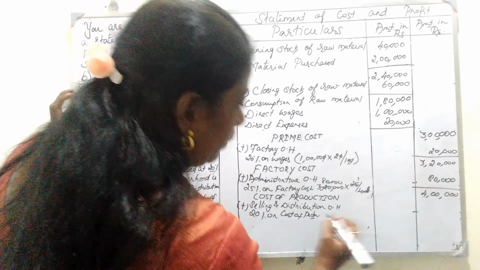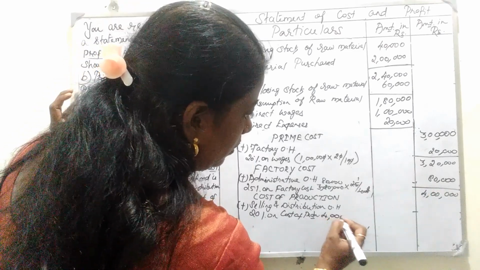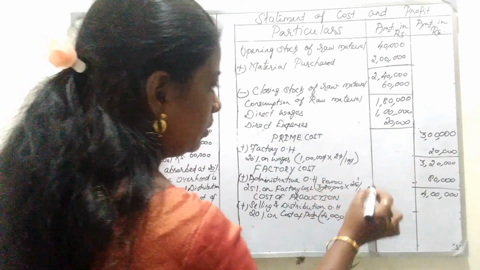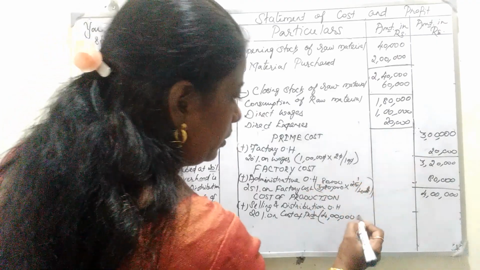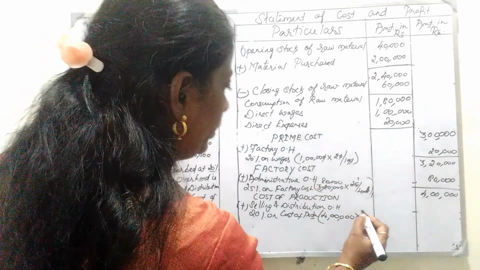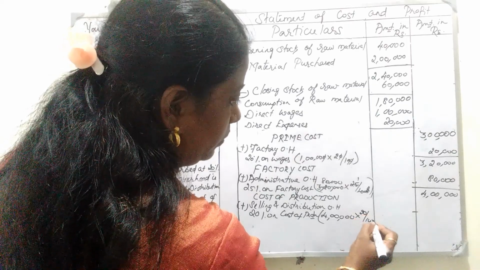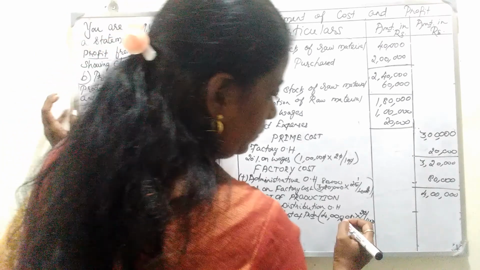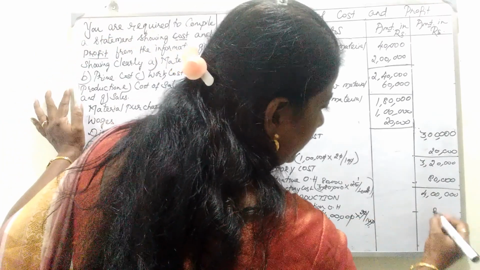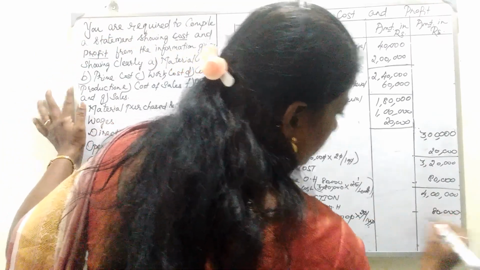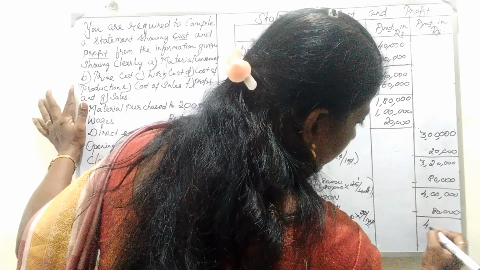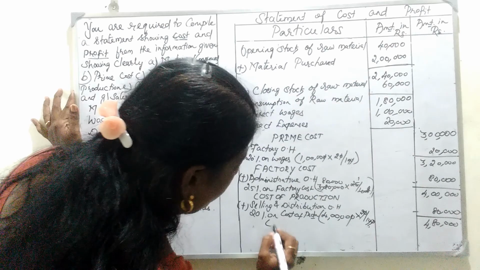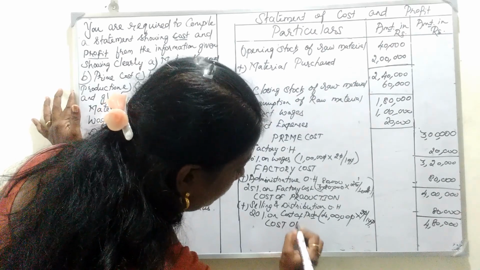So cost of production value is 4 lakhs into 20 by 100. Multiply this, 40 into 2, that is 80,000. If we add this, that is 4 lakhs 80,000. This is considered as cost of sales.